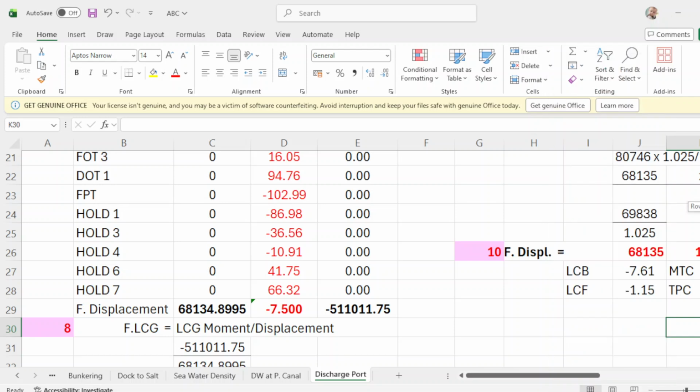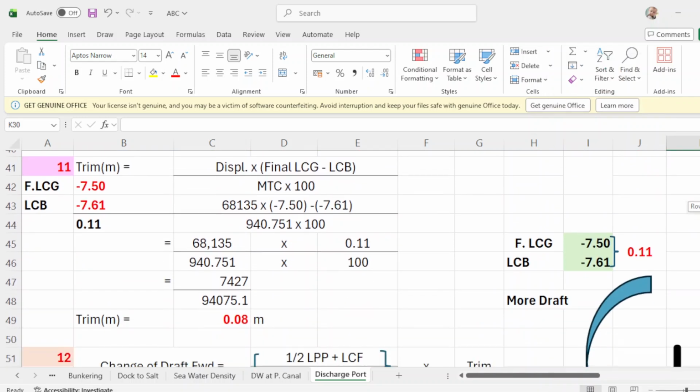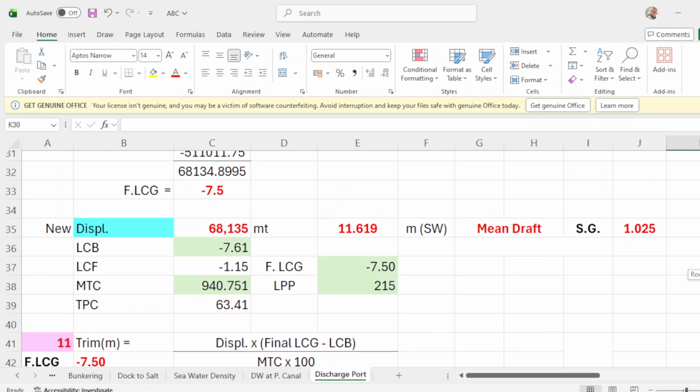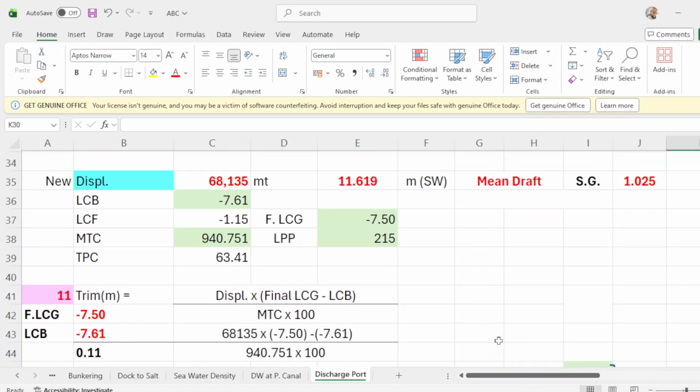To find the trim: displacement times final LCG minus LCB over MTC times 100. Here I put already the final LCG, which is negative 7.5, and the LCB is negative 7.61.